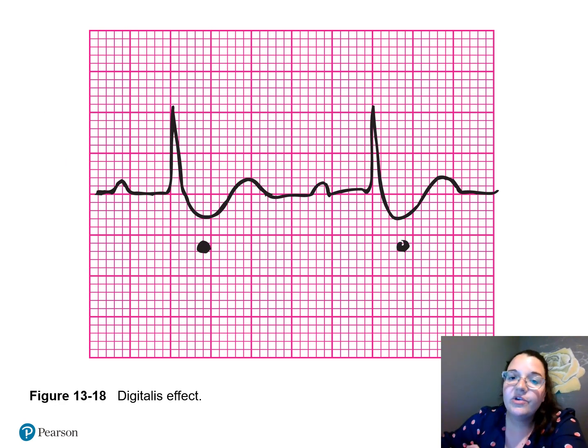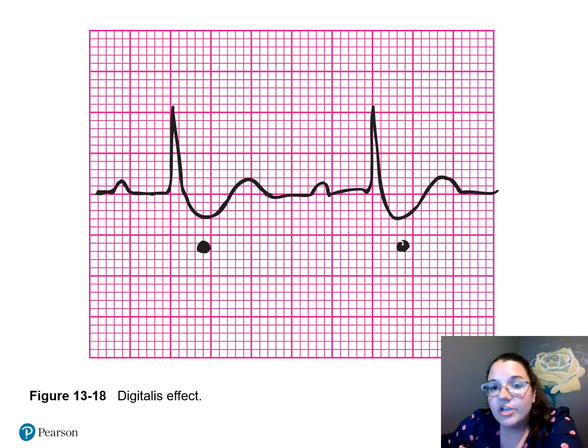So notice, remember your rules. We have your P, and this is your segment in between your P and your QRS. The line in front of your P, that is your baseline. But when we're looking at a rhythm, if I am in between the P wave and the QRS, I am the ST segment.